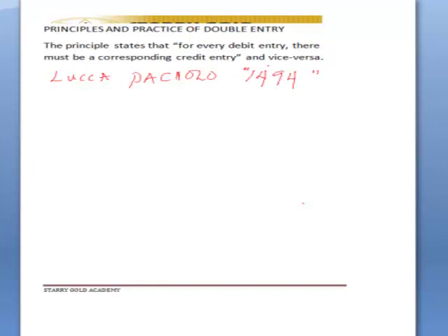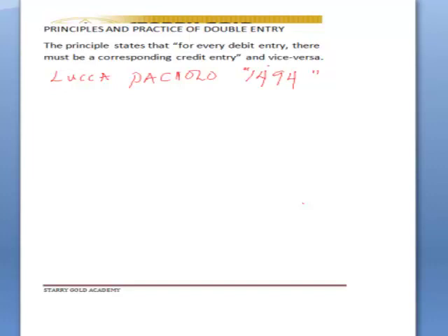He paved the way for the accounting method. So that principle became very key to the preparation of financial accounting and financial records.